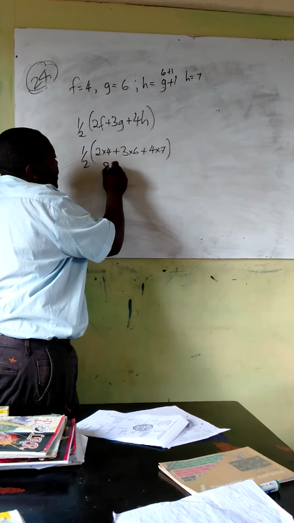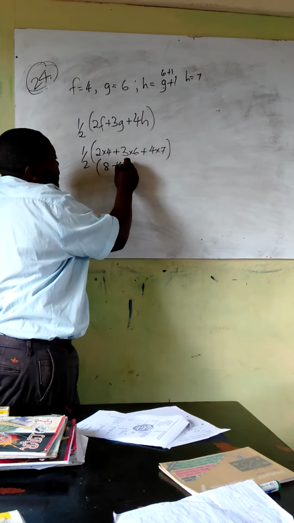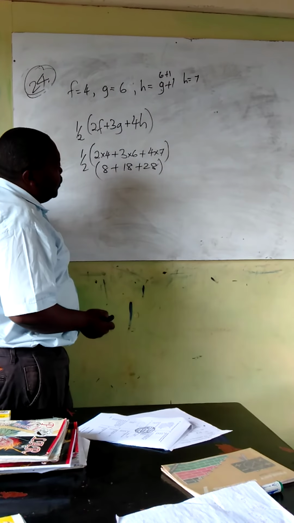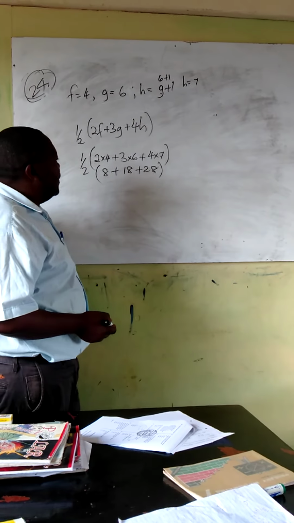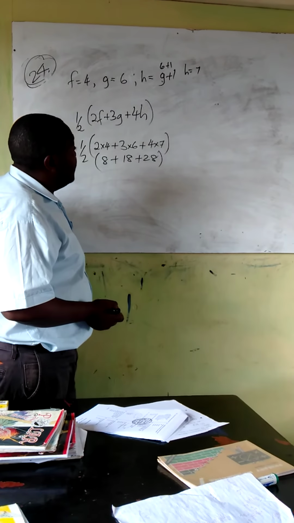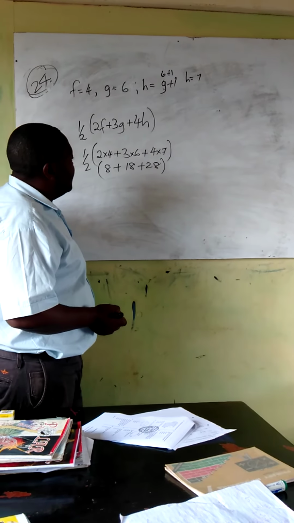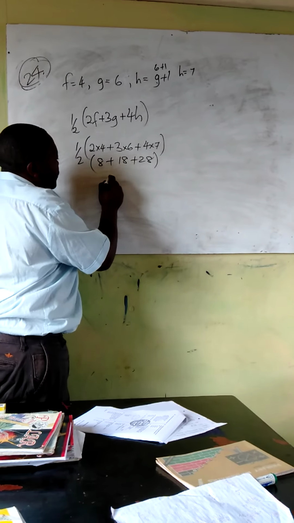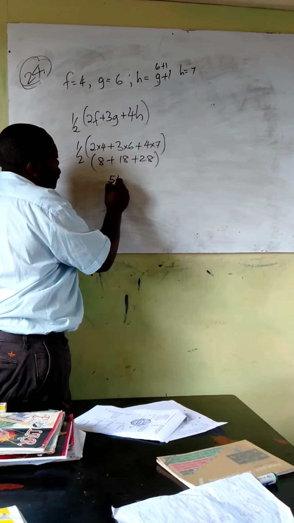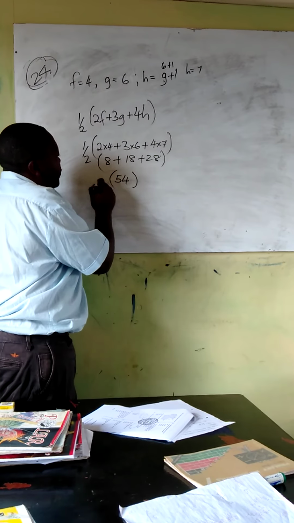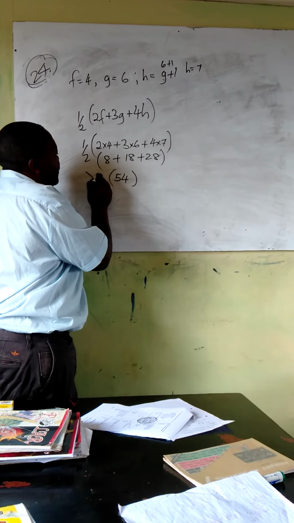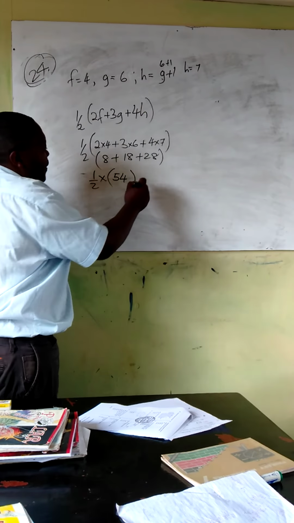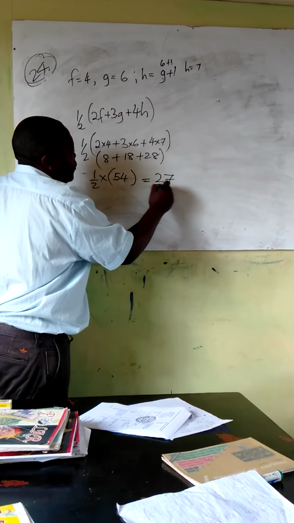This will be 8 plus 18 plus 28, which gives 46 plus 8, is 54. That is what is in the brackets, and then we multiply that by a half, which gives a value of 27.